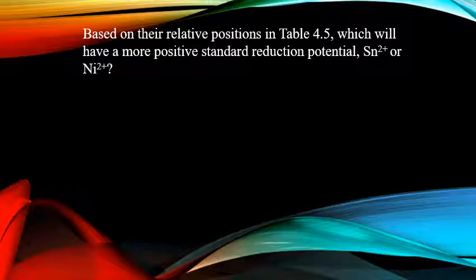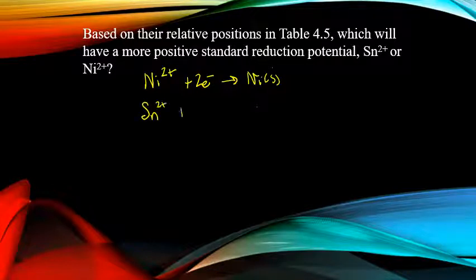Now, as we go through these two reductions, again being very specific, I have the Ni2+ adding 2 electrons, forming the Ni as a solid, and I compare that to the Sn2+ plus 2 electrons, forming the Sn as a solid. Now, when we look at this, the nickel and the tin are directly above and below each other.